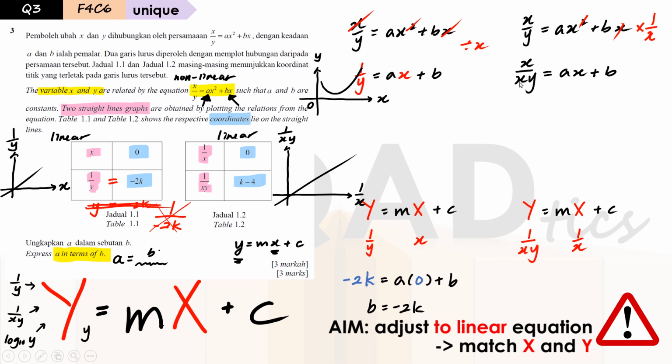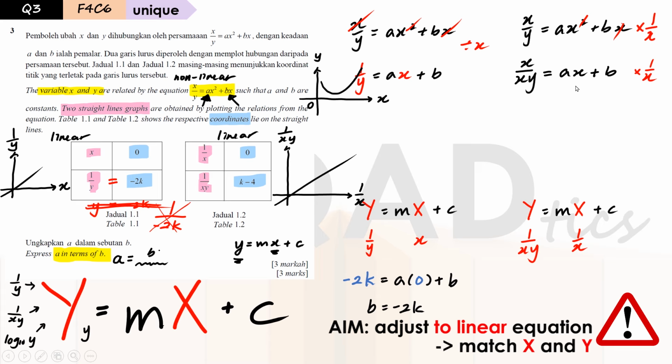Now the denominator is the same. How about the numerator? From x we need to change to 1. So we need to remove this x, meaning we need to multiply by 1 over x again. Because if we multiply this, it's like we remove the x.